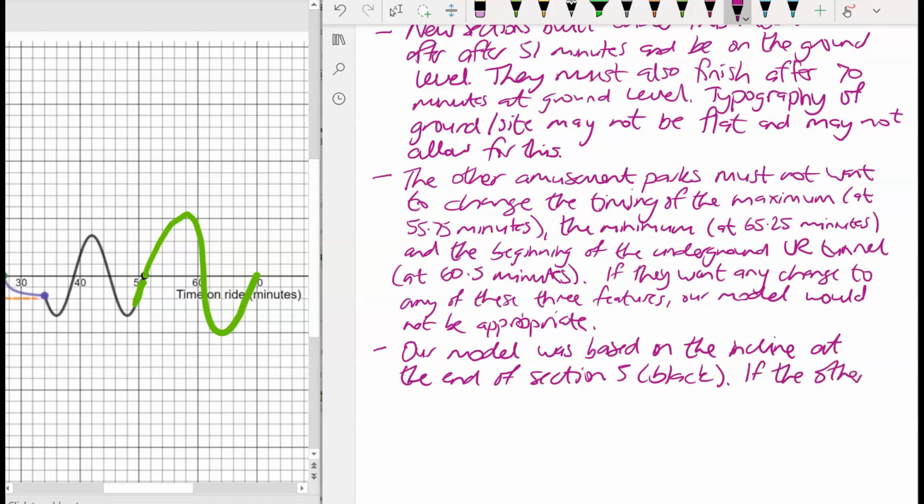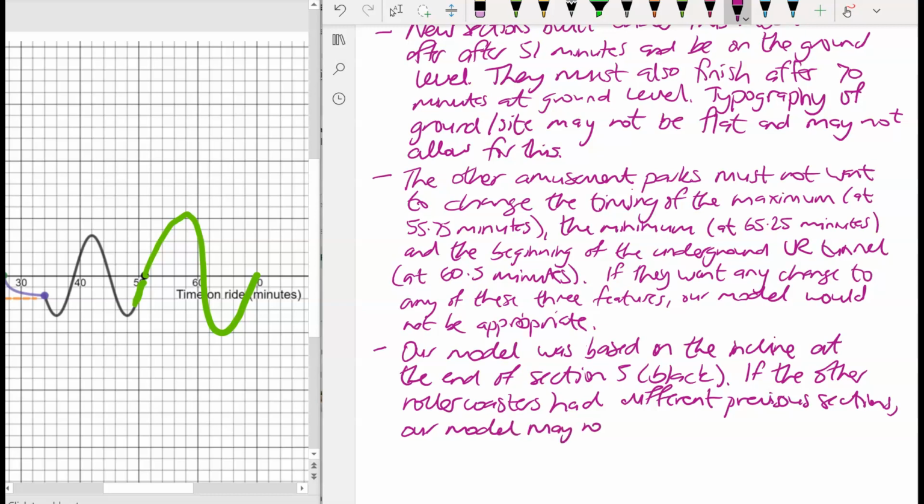If the other roller coasters had different previous sections, our model may not be appropriate.